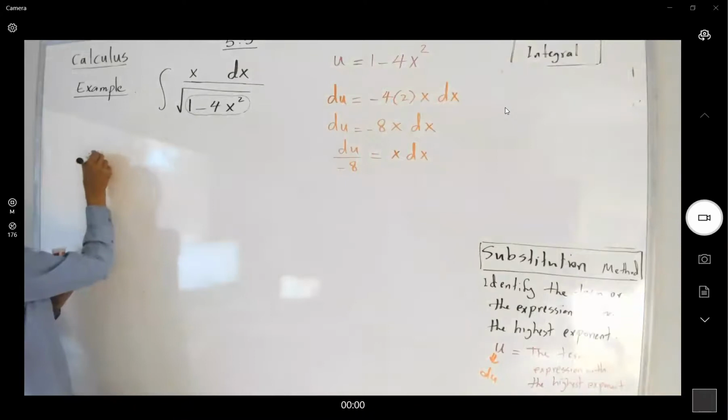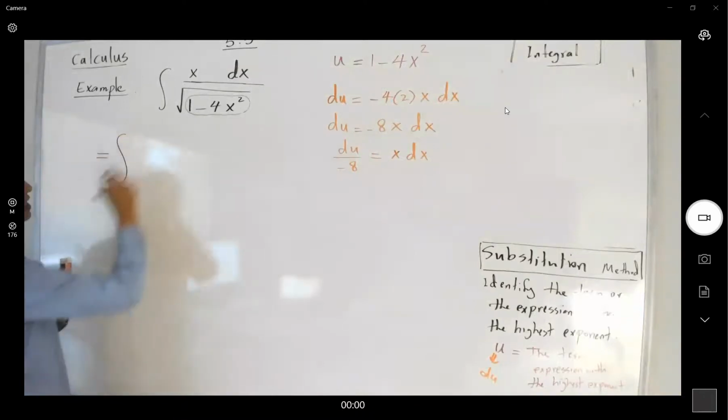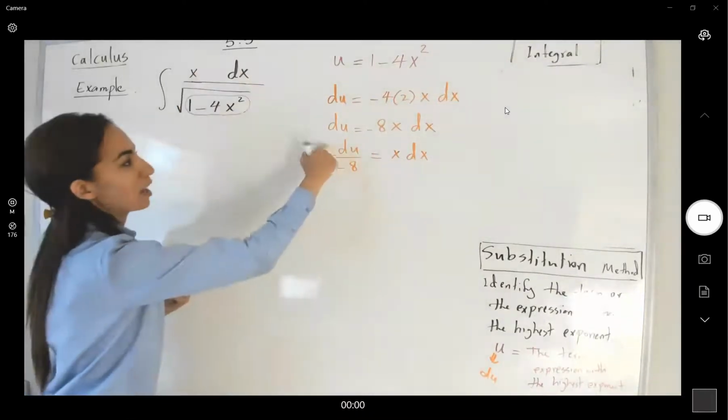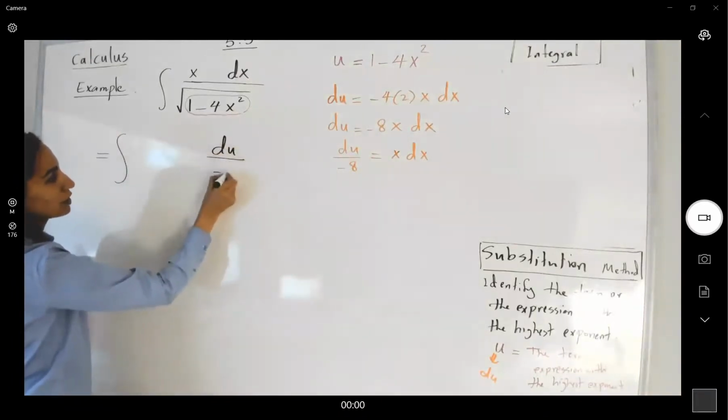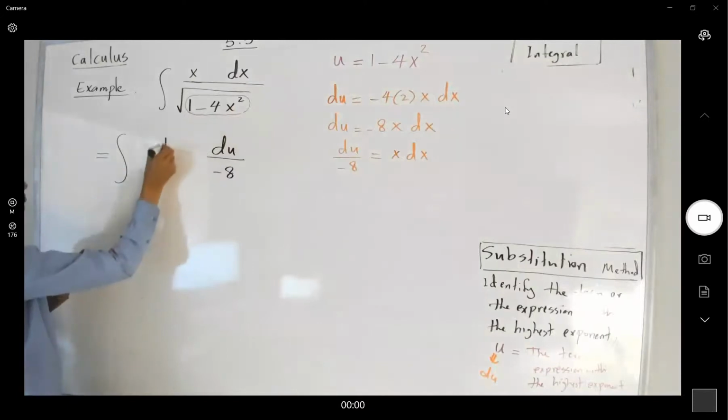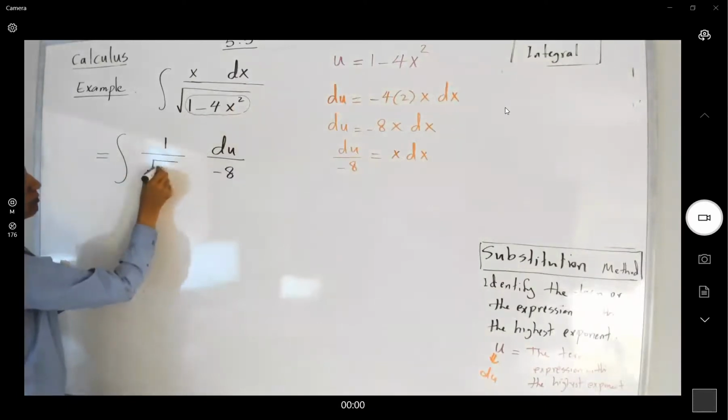Here I have the integral of my x dx, which is now du divided by negative 8, and here I have 1 divided by square root of u.